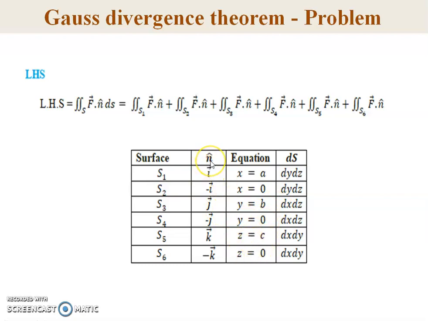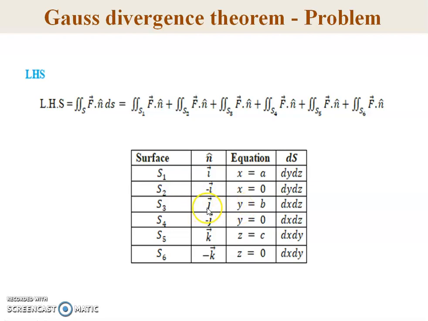So what about the corresponding n cap unit vector? X equal to a means I direction, this is the upper limit, so put plus I vector. X equal to 0 is the lower limit, x is on I direction, so minus I vector. Next, y equal to b is the upper limit, so plus j vector because y is on j direction.